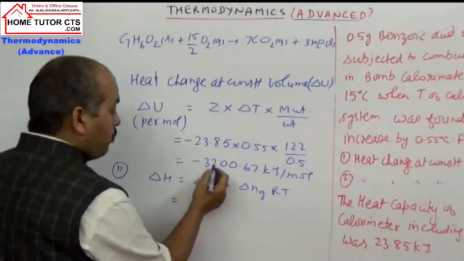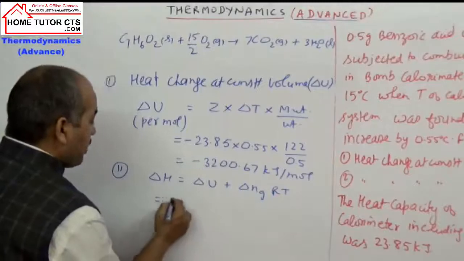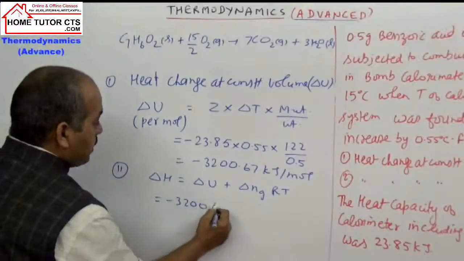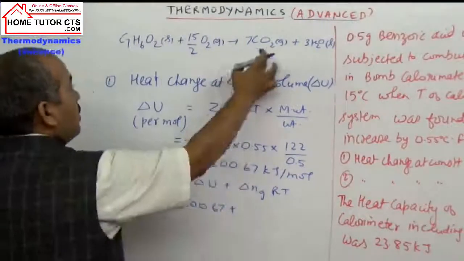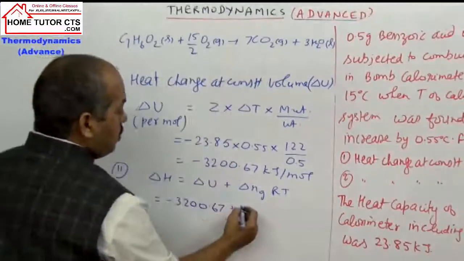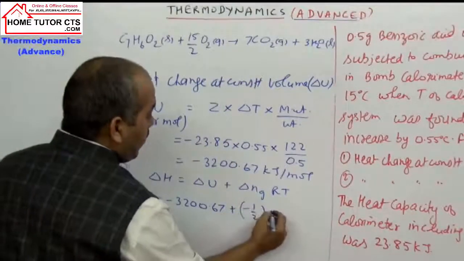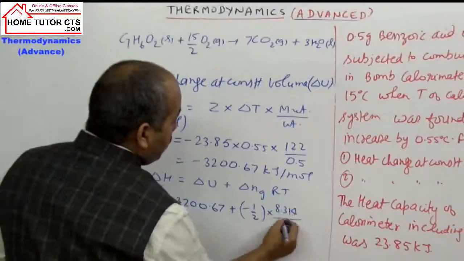We already have the delta U value, minus 3200.67. For the reaction, what is delta n g? Only see the gas: 7 minus 7.5, that's minus half. R we will take as 8.314.